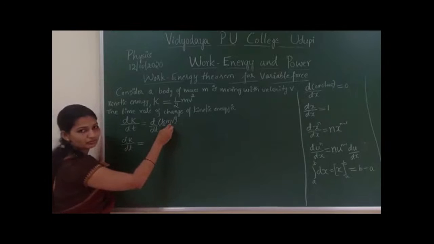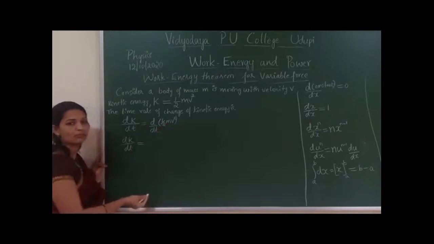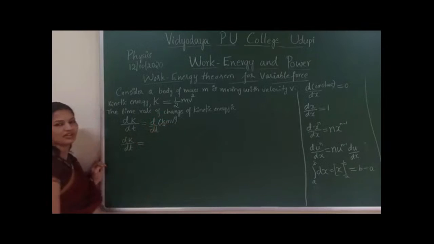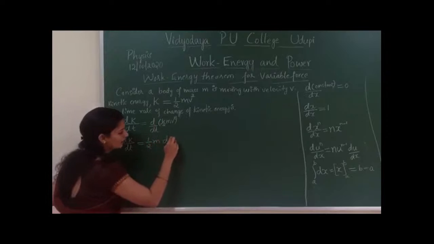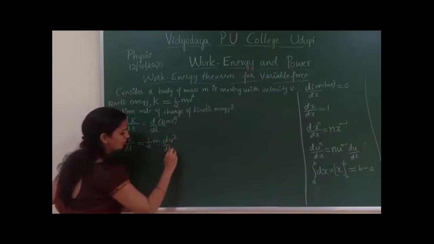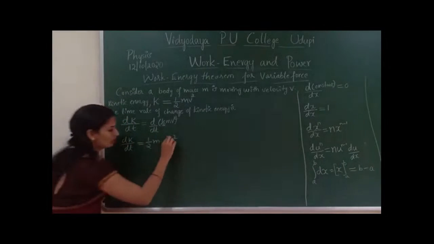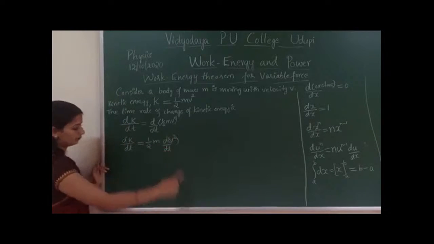It is constant, so I can take this half and m outside of this differentiation. So I can write it as half into m, then the remaining is v squared inside the differentiation sign. Now it is differentiation of v squared with respect to time.